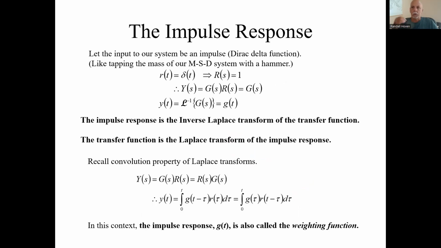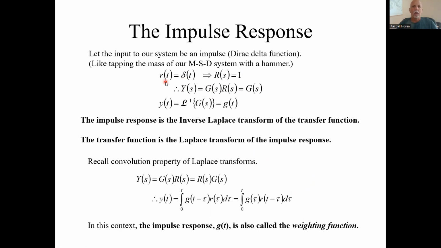So it's kind of doing definitions. Here is that basic relationship. Output equals transfer function times input, right? What if the input in the time domain is an impulse, meaning a Dirac delta function, a single bang, like tapping a mass spring damper with a hammer?